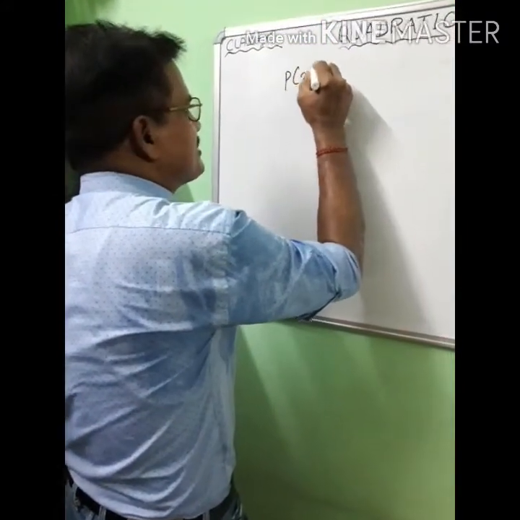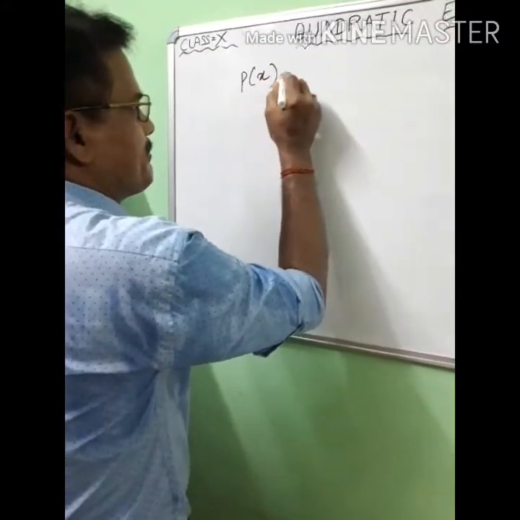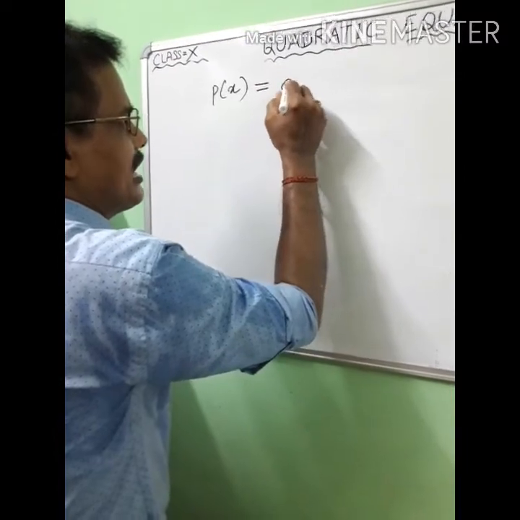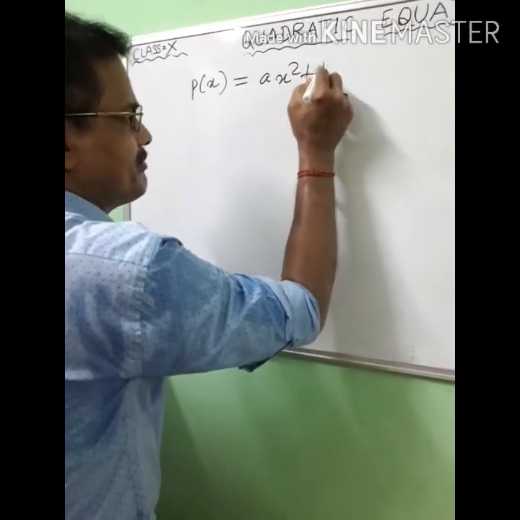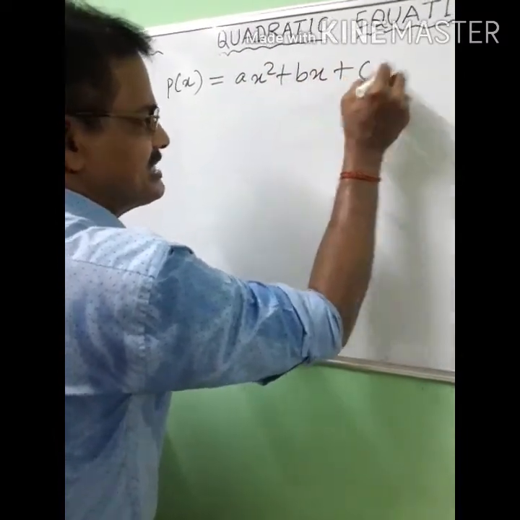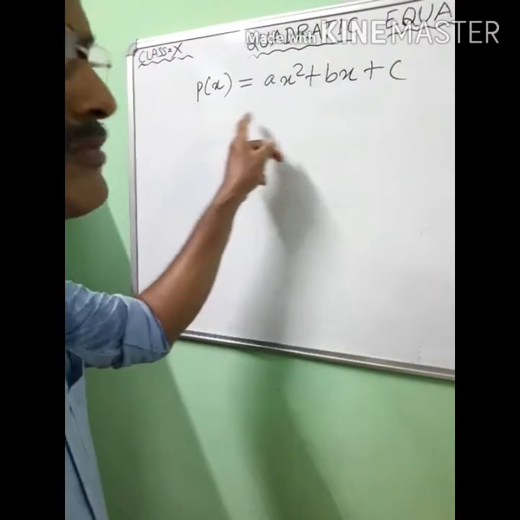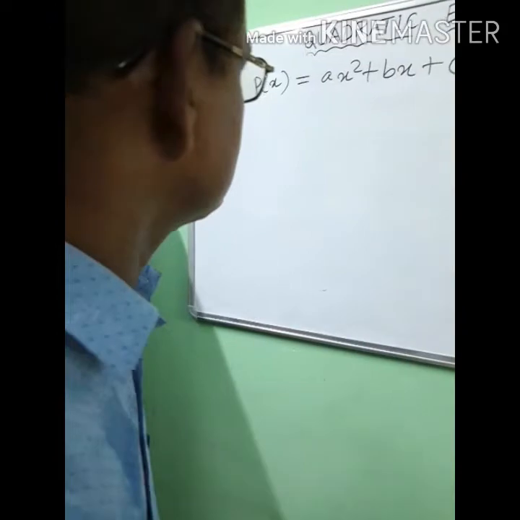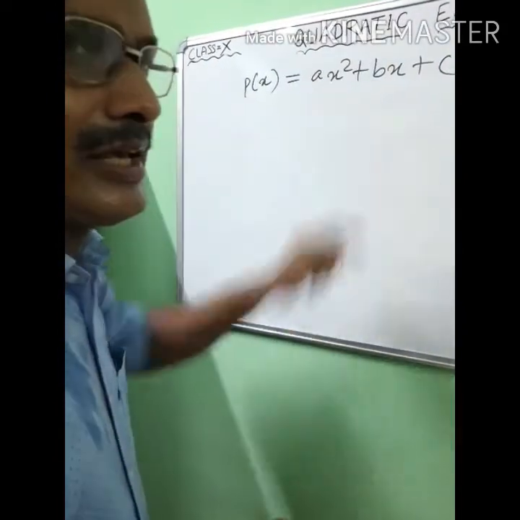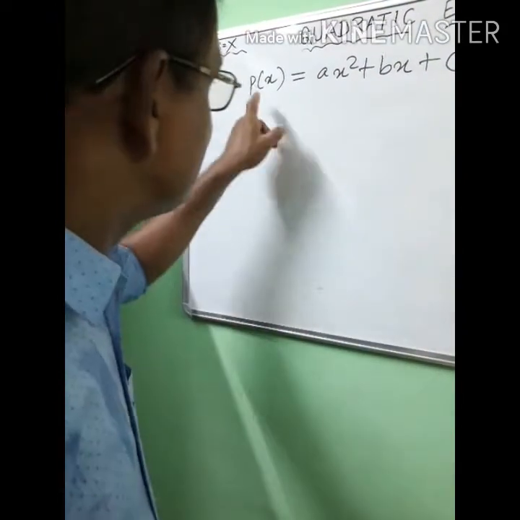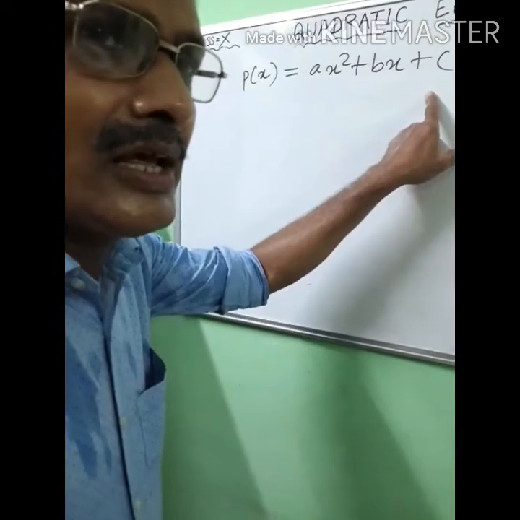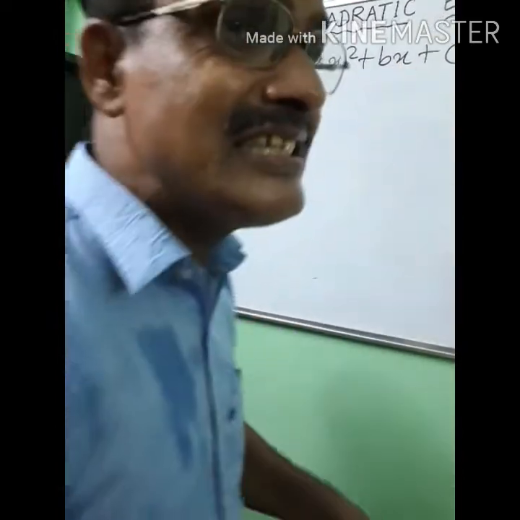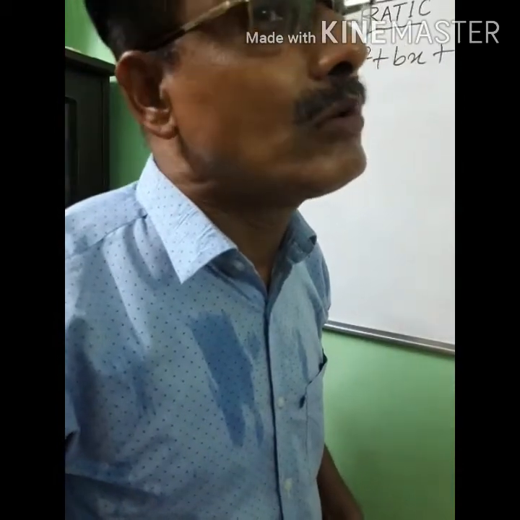P(x) is the symbol of a polynomial. P(x) is equal to ax square plus bx plus c. This is the general form of a quadratic polynomial. If P(x) is a polynomial, then P(x) is equal to 0 is called a quadratic equation.